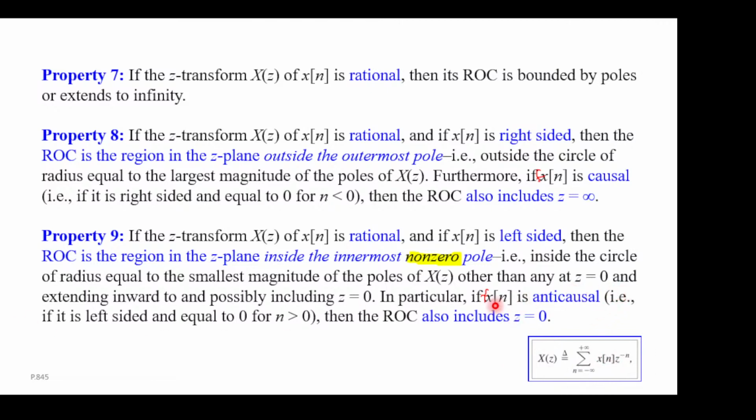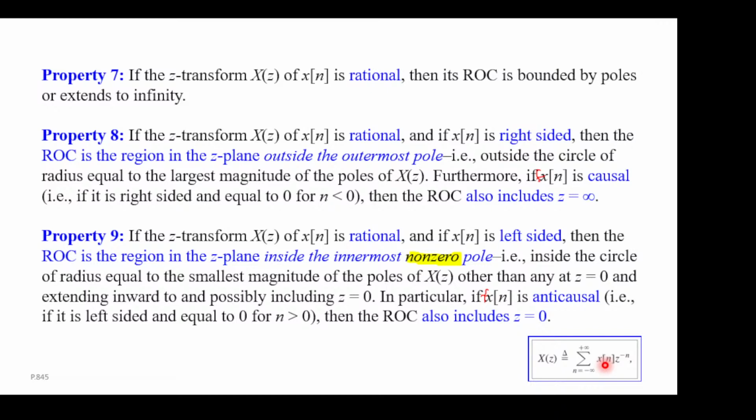That means your x[n] should be anti-causal. So for n bigger than 0, your x[n] should all be 0. If and only if that is the case, your ROC will include z equals 0. Okay, so that's all the properties.